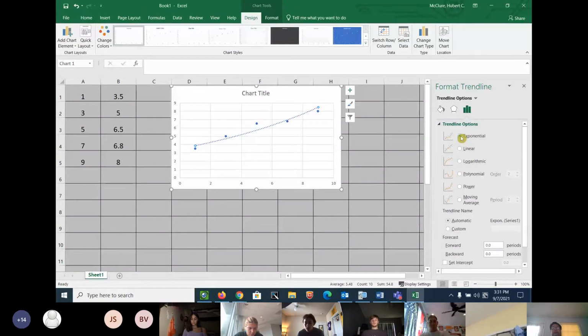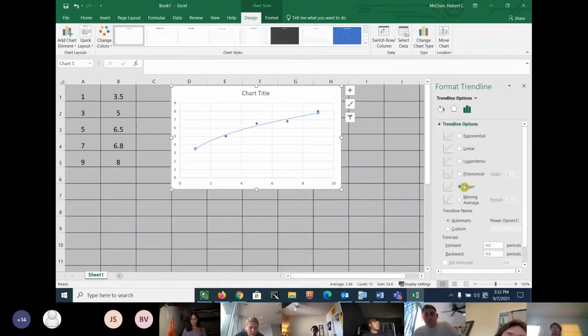Exponential. Logarithmic. Polynomial, that's a pretty good fit right there. Power could be a pretty good fit. I'll go back to linear. I guess you could argue linear, polynomial, or power.